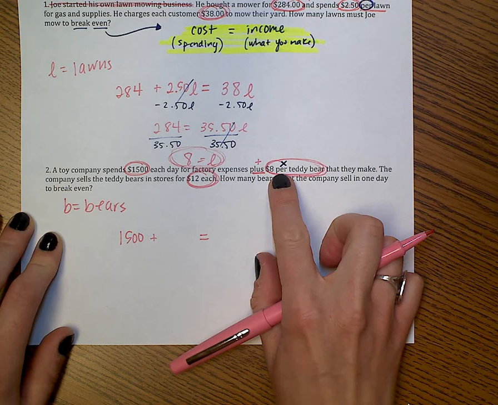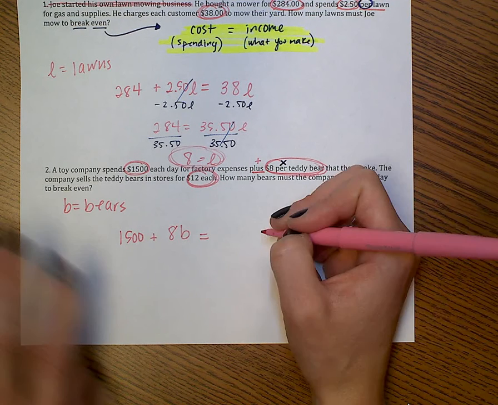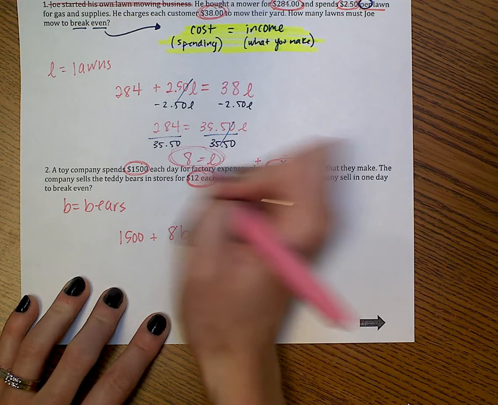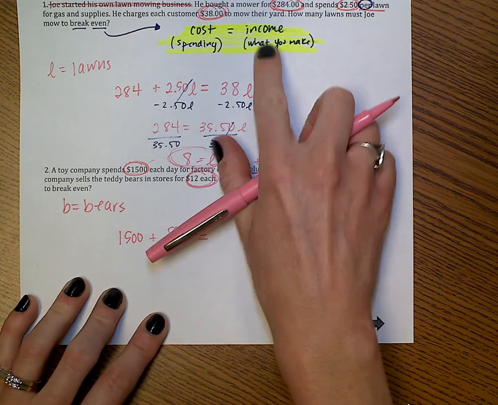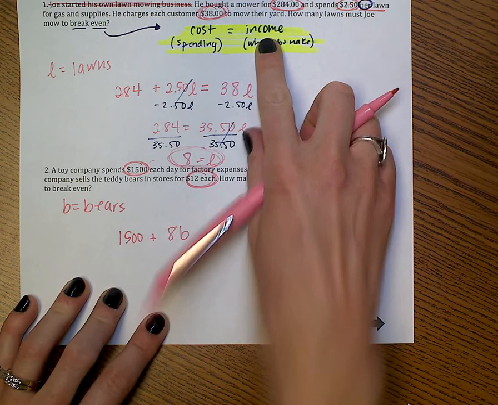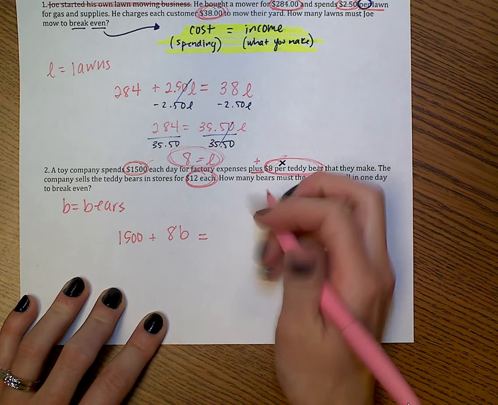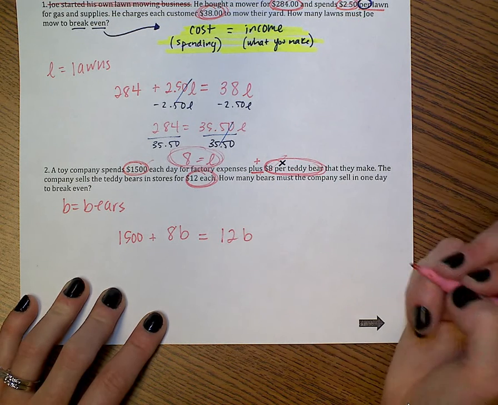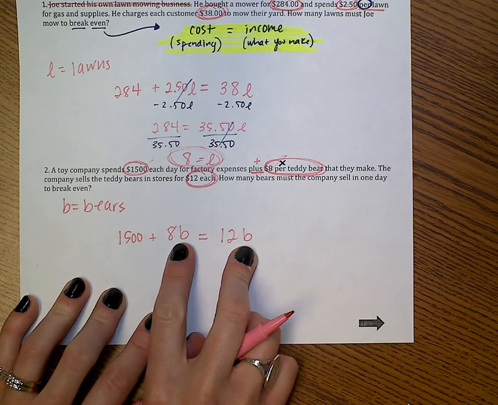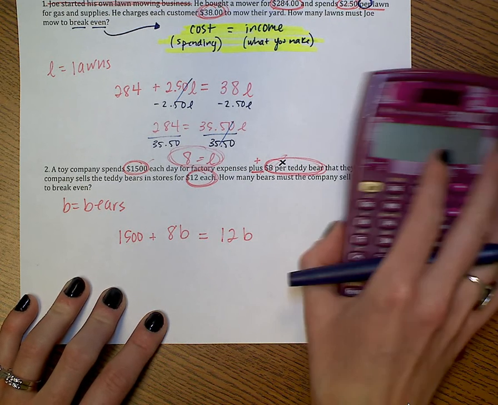So you have to multiply 8 times B. Okay, so I used those numbers. On the other side, that represents what they make off the bears, and they sell them, so they make $12 each, $12 per bear. Number one mistake people make, they don't put a B on both sides. There's always a B or an X, whatever variable, on both sides in break-even problems.